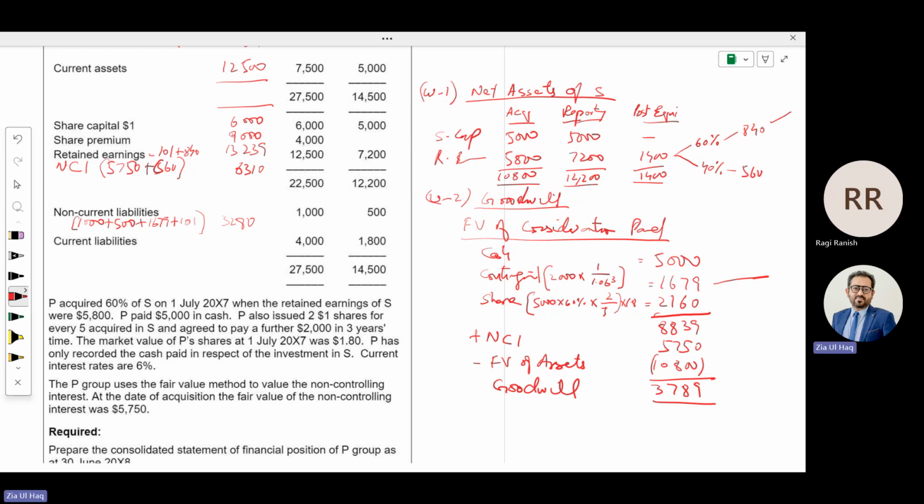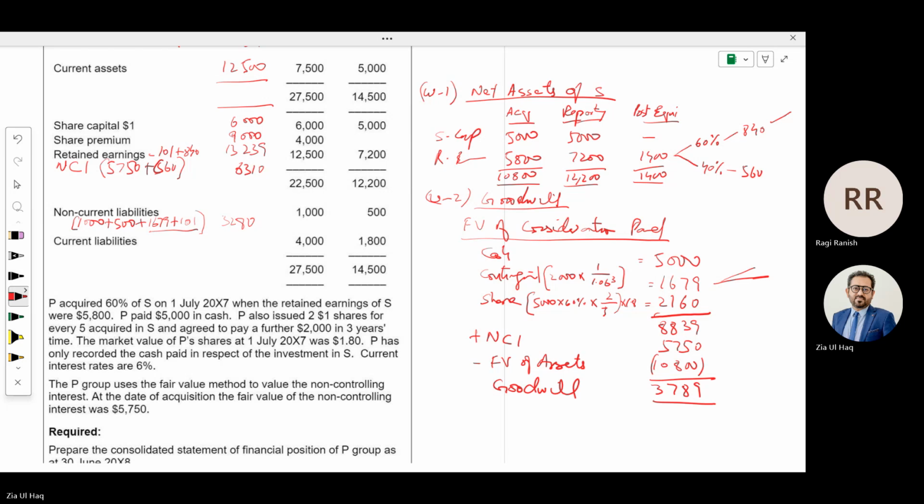How to calculate that? That unwinding discount, 6% on this amount, contingent liability, finance cost debit, where retained earnings is a credit balance equity. So debit will reduce it, and it should be added to this amount to record as non-current liability, 1,679 plus 101.